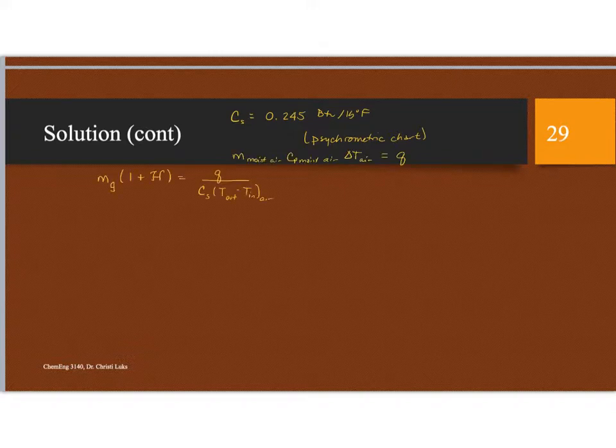Now, I can say that the Q is going to be the mass flow rate of that moist air times the C sub P times the delta T for that air. And the mass of the wet air coming in is going to be found from taking the dry gas times 1 plus H, the humidity, because we're having to work with these dry basis numbers. Now Q is given.